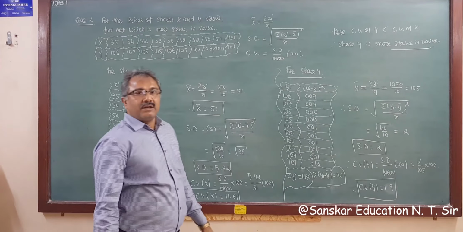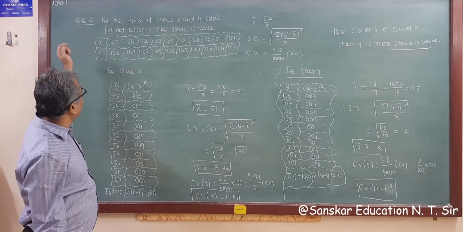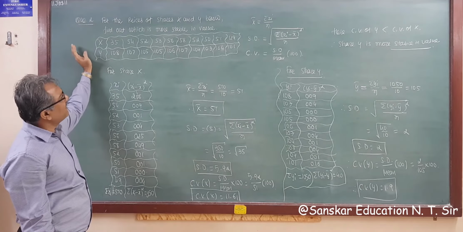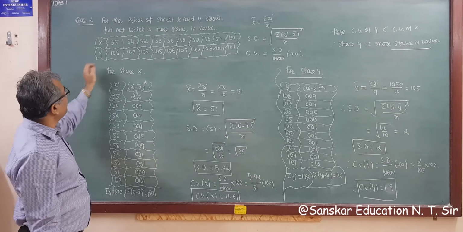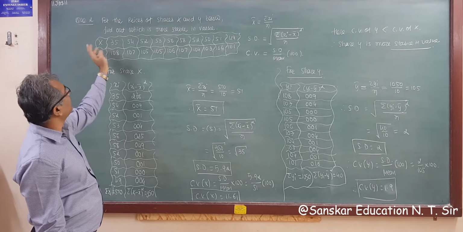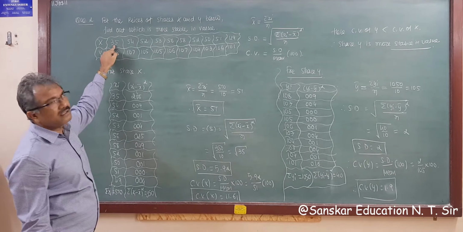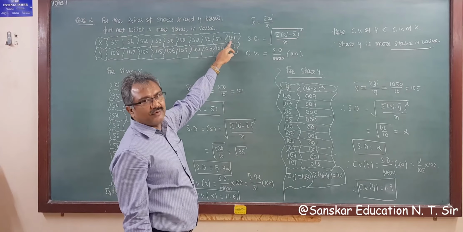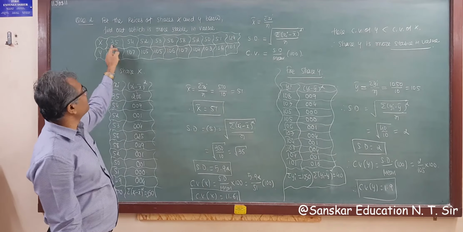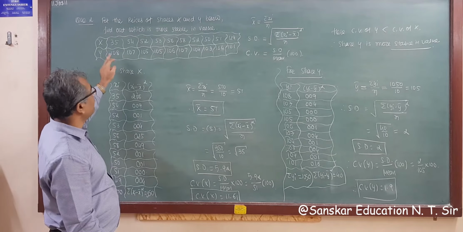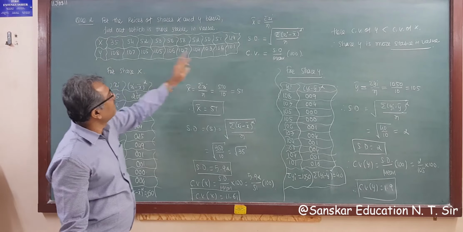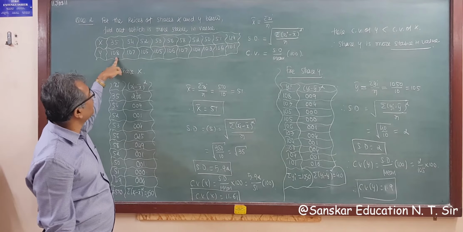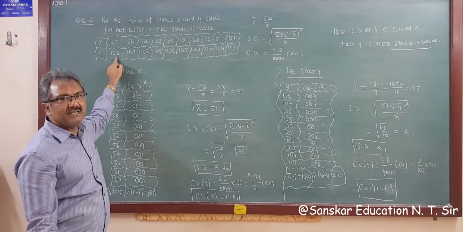Okay. So just observing these given observations. Look here. First of all, this is 35, and then all are nearer to 5, right? That means here the variation is larger. And see here, all observations start from 101, and the greatest observation is 108.